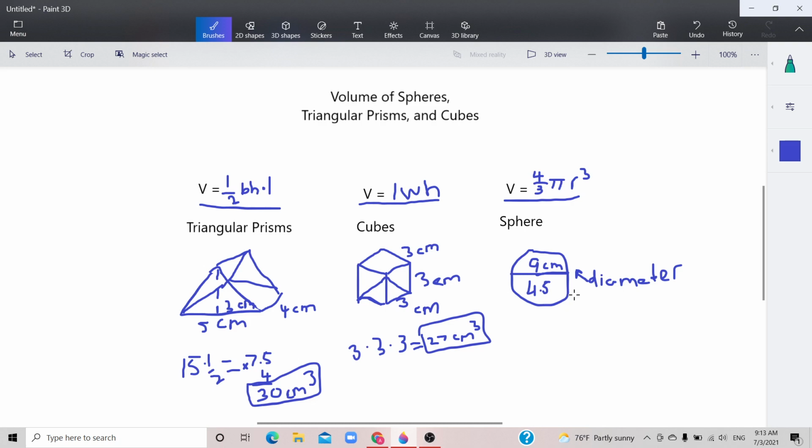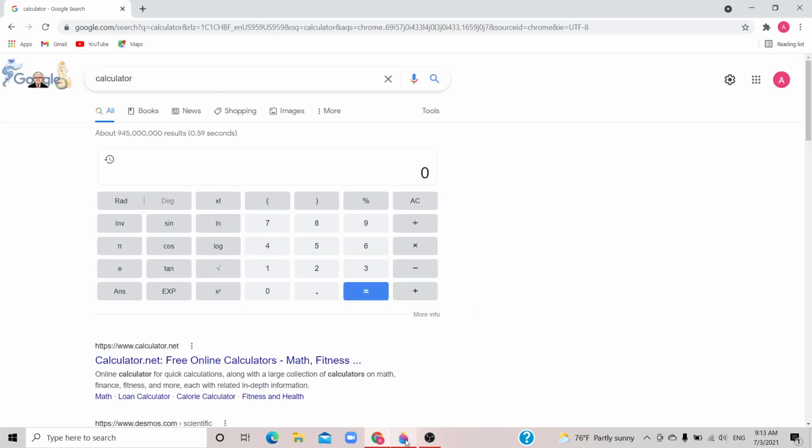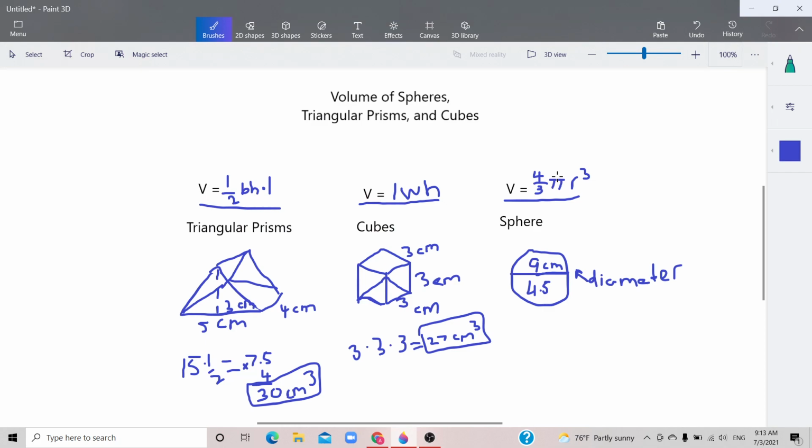So now let's go to the calculator here because it's a sphere, and using pi and all these cubes, the big numbers will get really big, and so it's better to use a calculator so you don't make any silly mistakes.